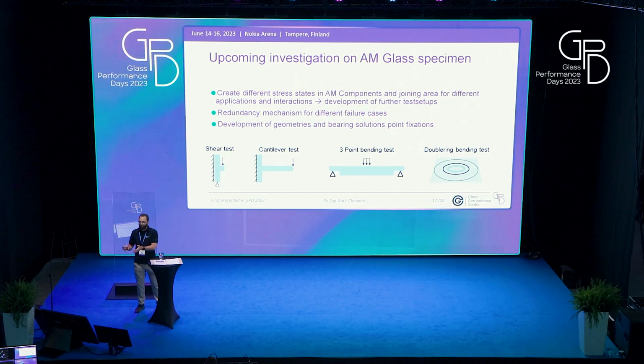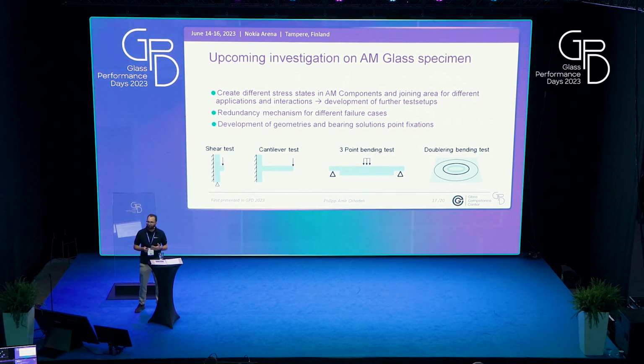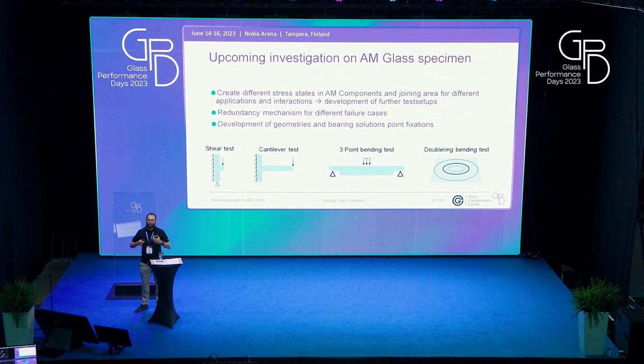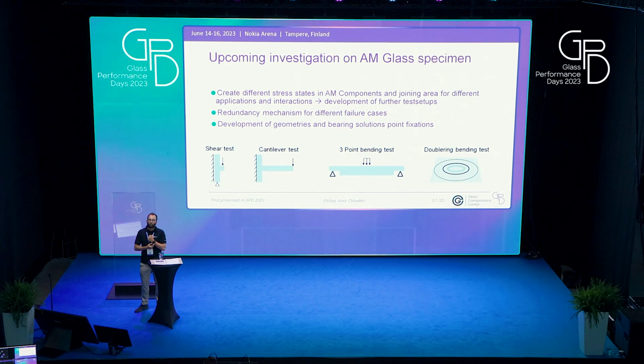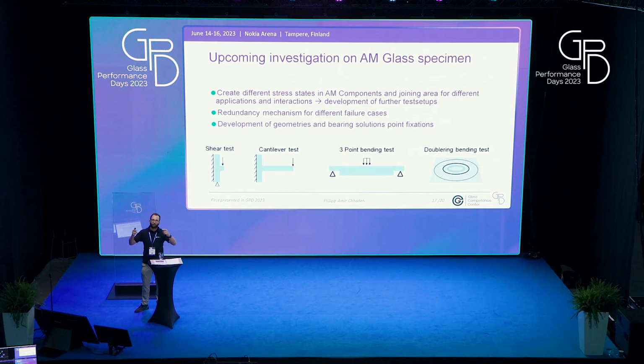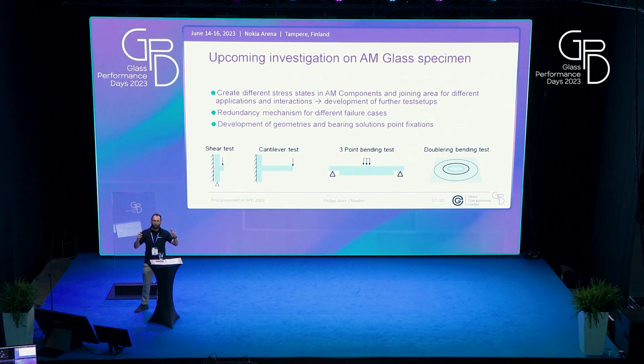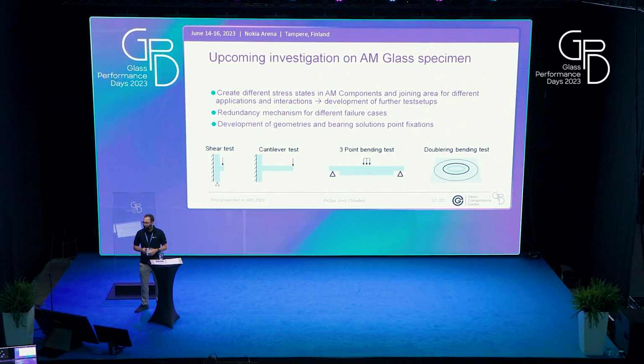With this knowledge, we can then develop redundancy mechanisms for different failure cases. But we are sure that other applications will come up in all our minds as the process is further along. So there will be problems we are not even aware of that we can solve with AM glass.